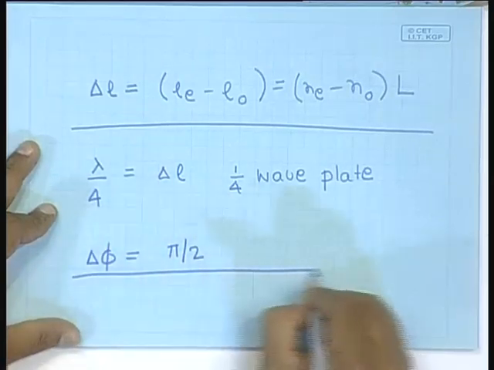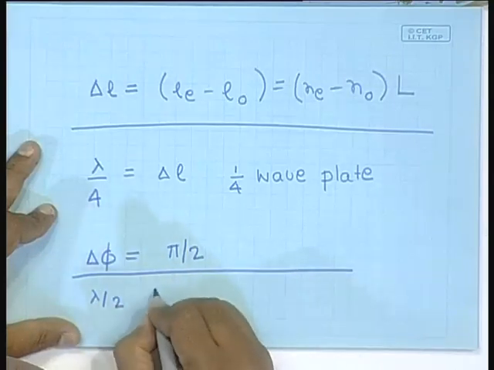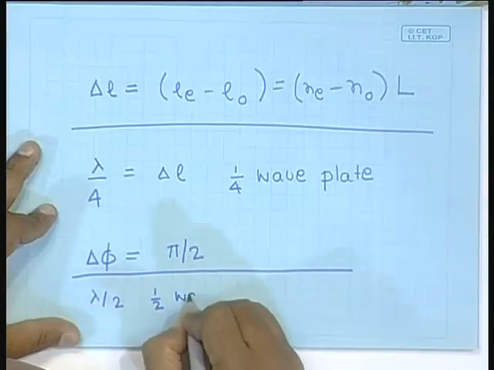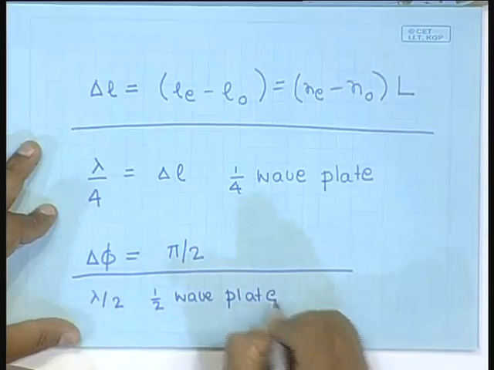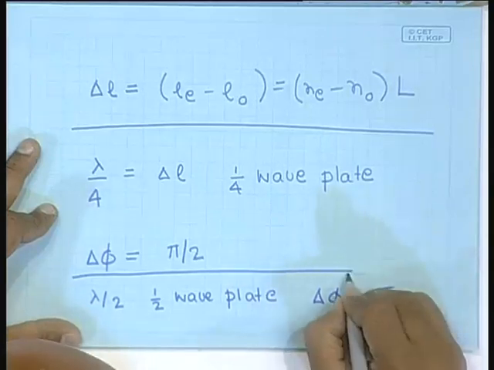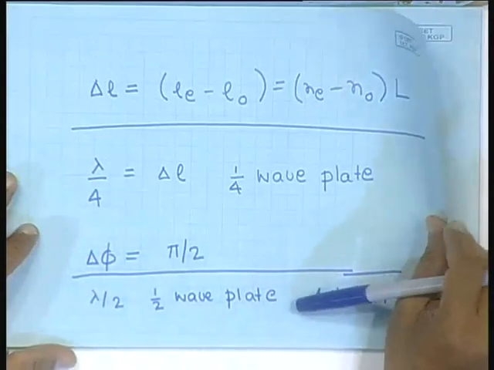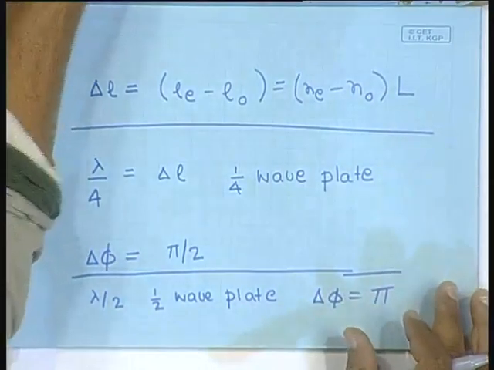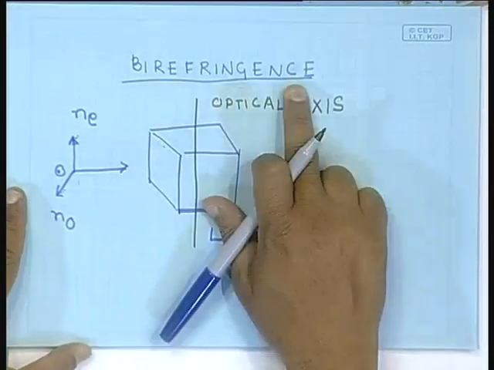Similarly, you could have a lambda by 2 plate, which is called a half wave plate, which will introduce a phase difference of pi, and so forth. So, these are very useful applications of the phenomenon of birefringence.